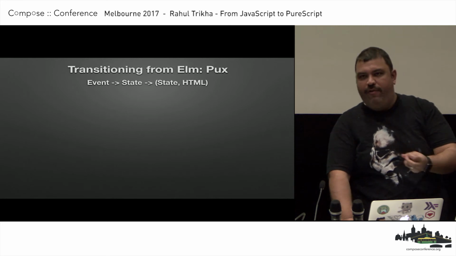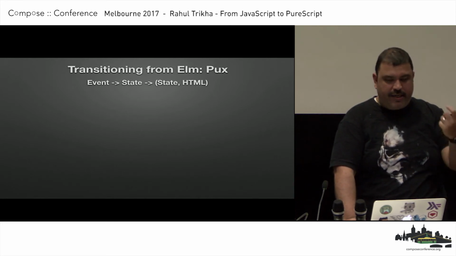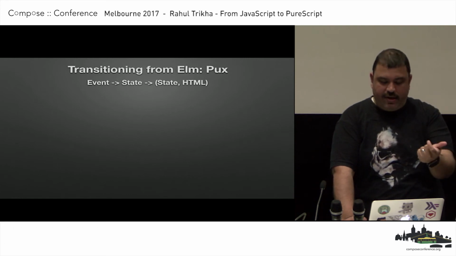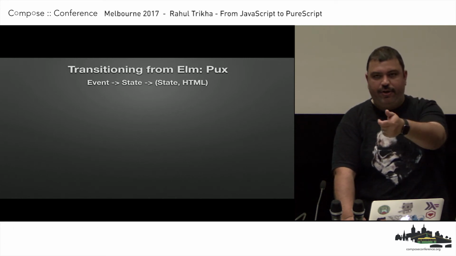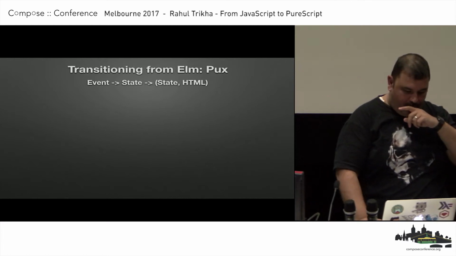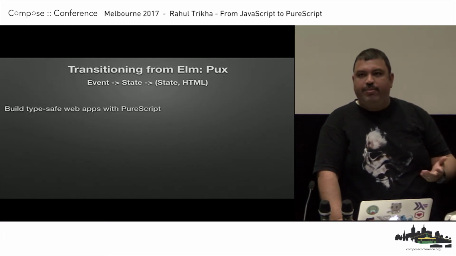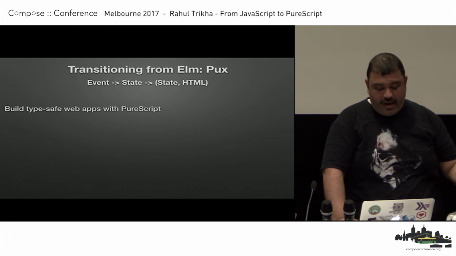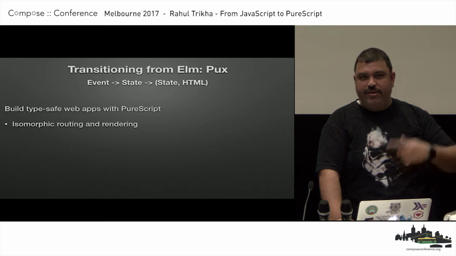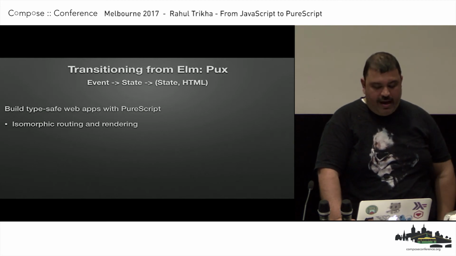People who are familiar with Elm will know that you have an event, and that event generates a state, and those states and events can be passed into your HTML to generate the new world, and this keeps happening in a loop. So you can build type-safe web apps, which is really good. It also does isomorphic routing and rendering, so server-side things.